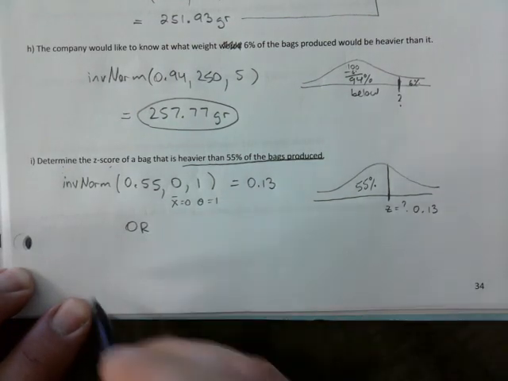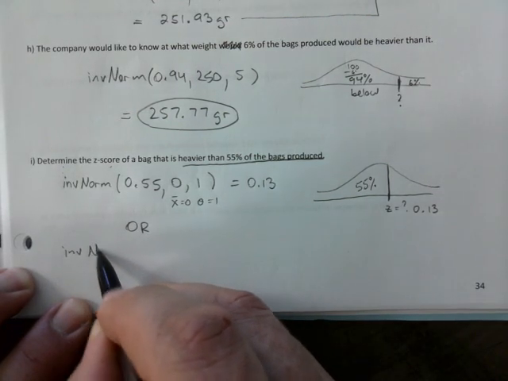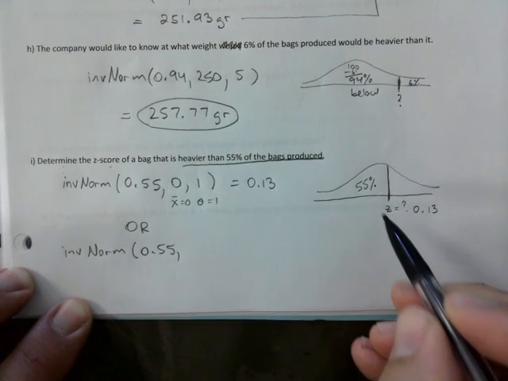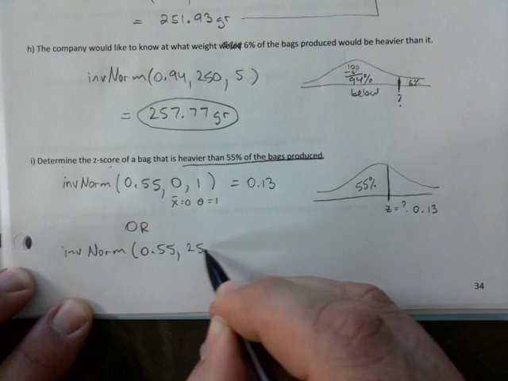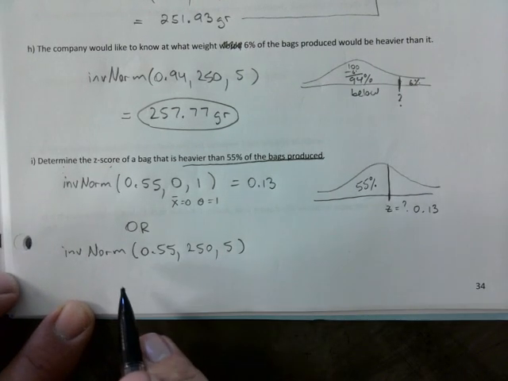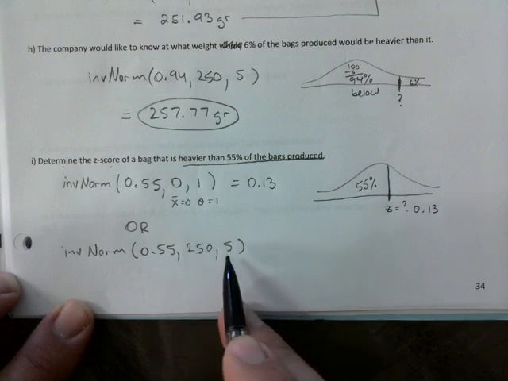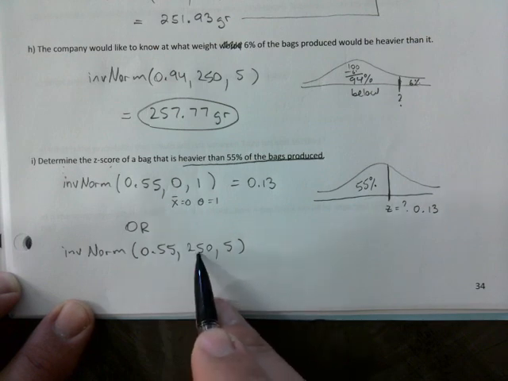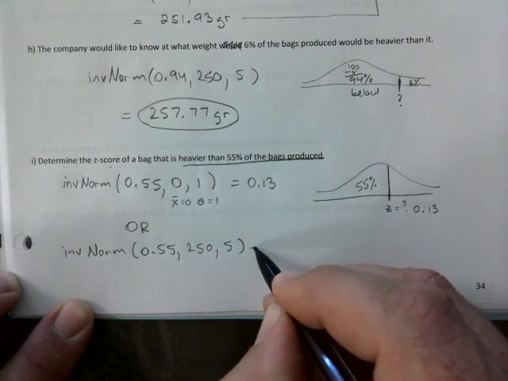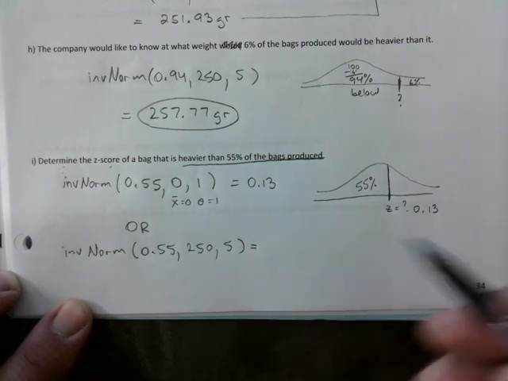Or you can do it this way. Inverse norm, 0.55, because that's still a percentage to the left, 250, 5. Inverse norm, 55%, 250, 5. What is this going to give me? Well, because I'm using grams, it's going to give me the actual weight here.